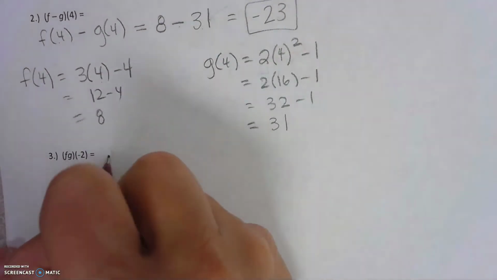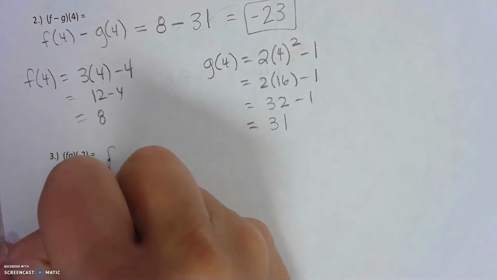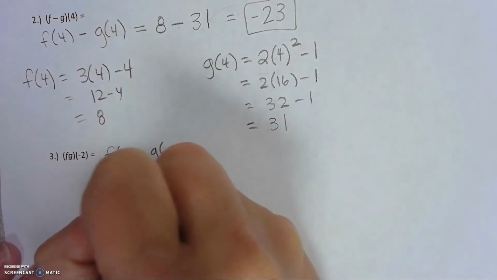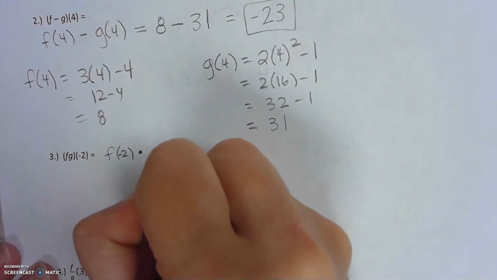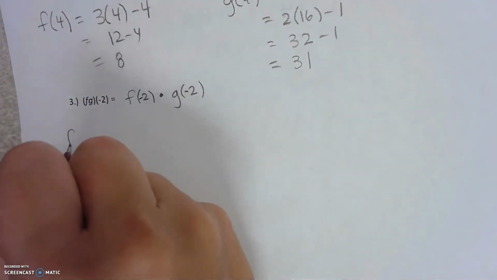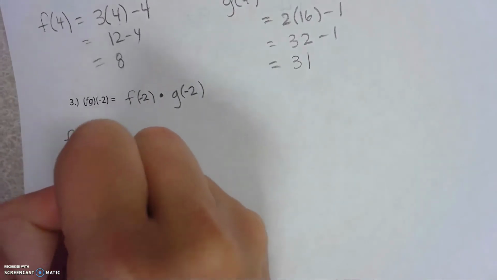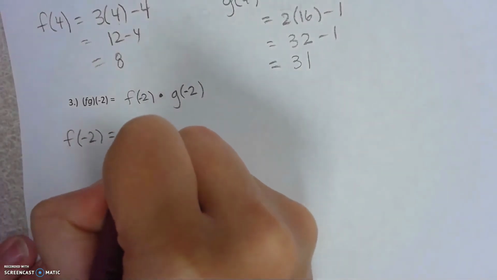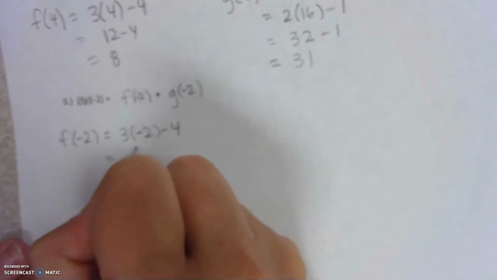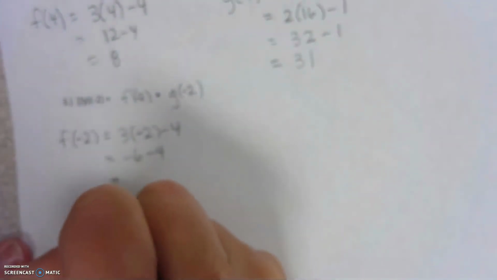All right, for f times g of -2, we're going to find f of -2, and we're going to multiply it times g of -2. So I take -2, I'm going to plug it into the function f. Everywhere there's an x, so 3 times -2 is -6, minus 4 gives us -10.